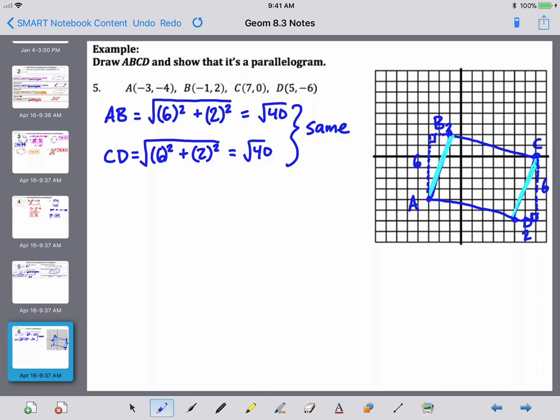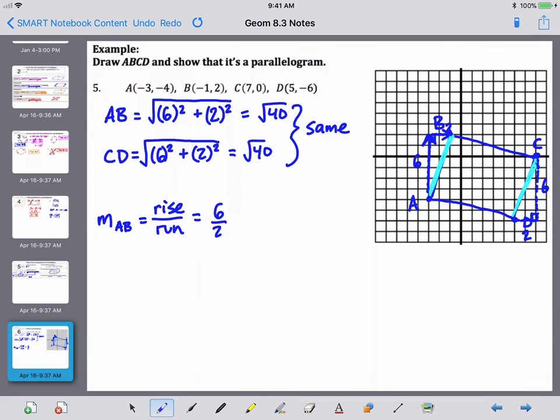All right, now I've got to look at the slope. So M stands for slope, so the slope of line AB. If you remember, slope you can also calculate by just taking the rise over the run. So for AB, well, my rise is 6, I go up 6, and I go over 2.